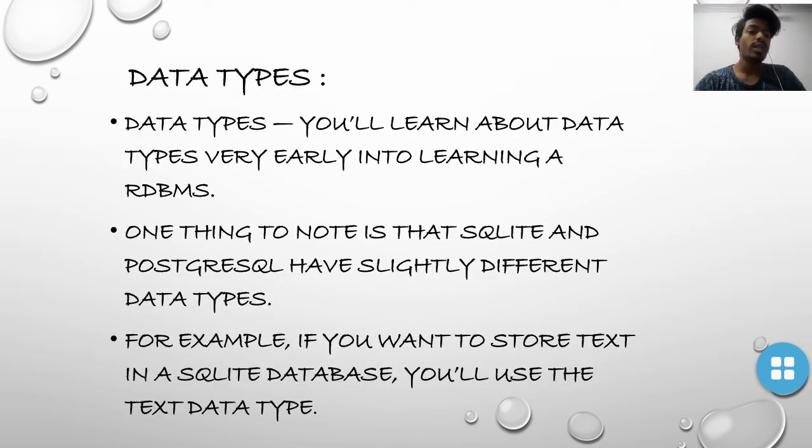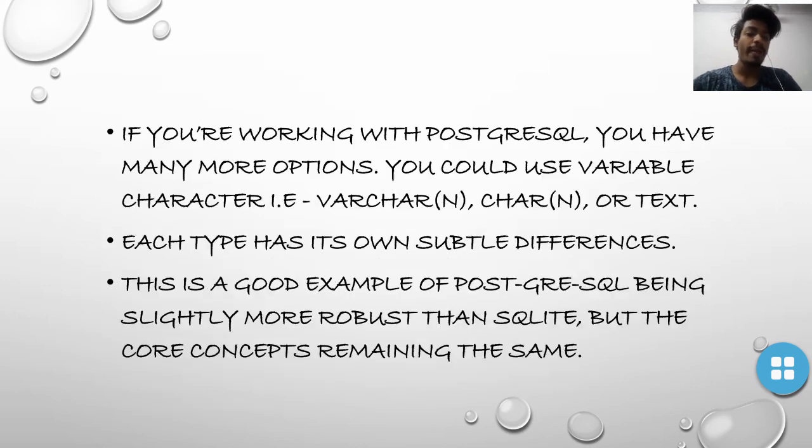You'll learn about data types very early when learning an RDBMS. One thing to note is that SQLite and PostgreSQL have slightly different data types. For example, if you want to store text in SQLite, you'll use the text data type.